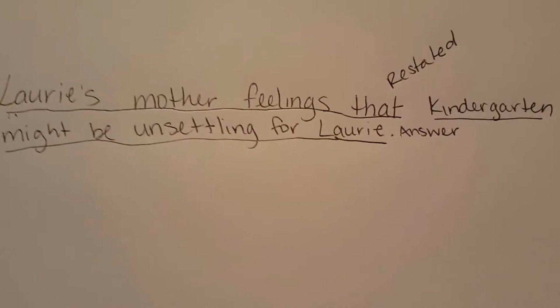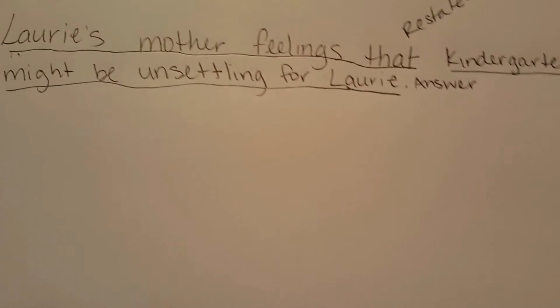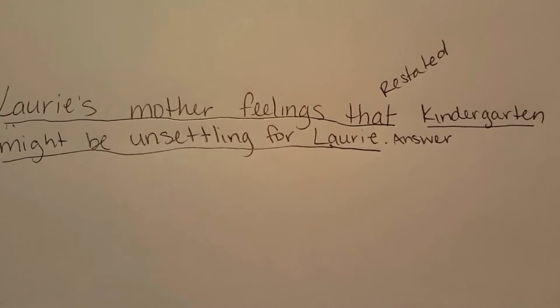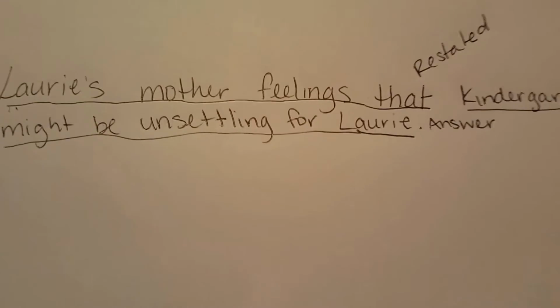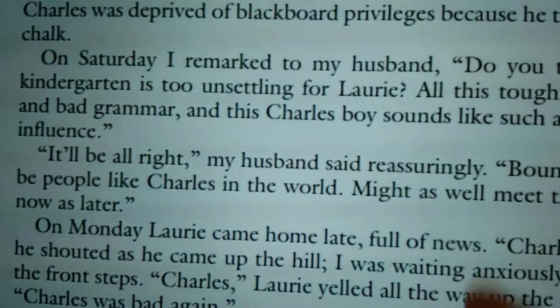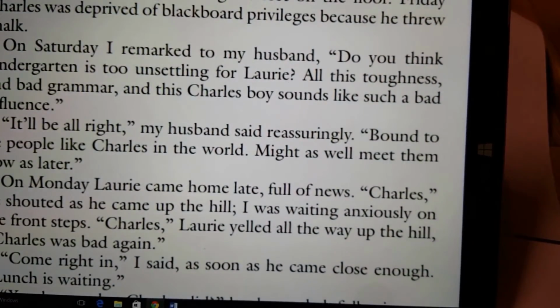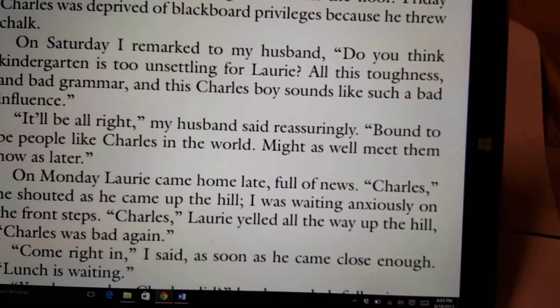Now that we have restated and answered the question, we need to find text-based evidence that supports the answer that kindergarten might be unsettling for Lori. Now let's go back to the text and see if we can find it. She said, all this toughness and bad grammar and this Charles boy sounds like such a bad influence.